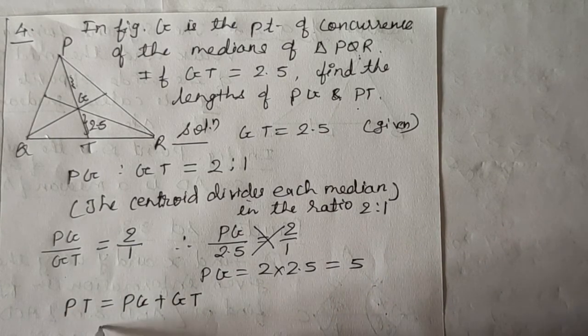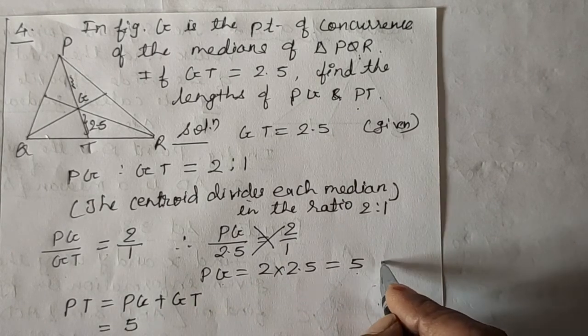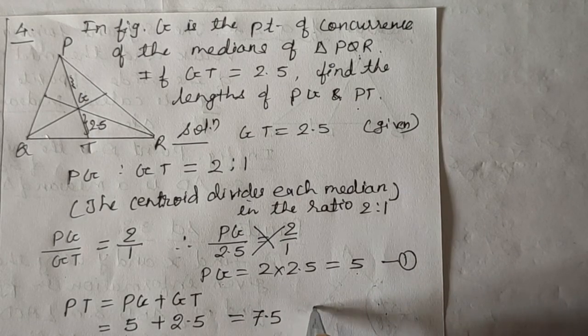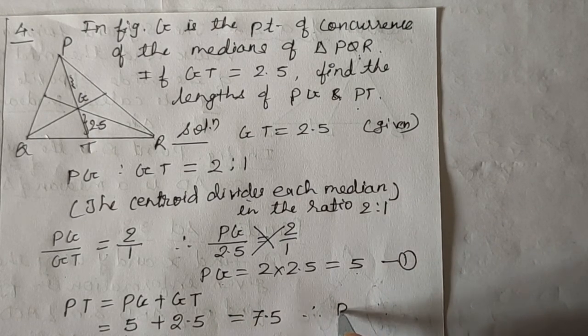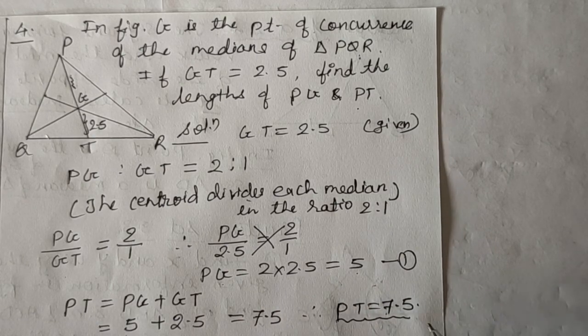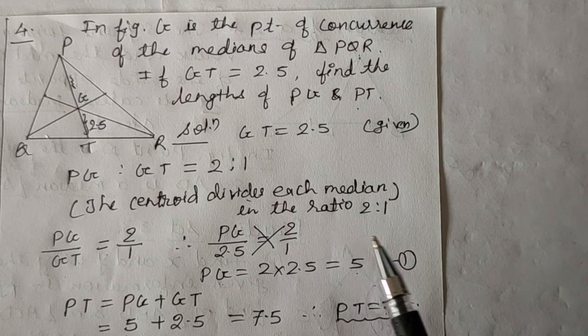Here PG we have got 5, plus GT, we have 2.5. So when you simplify 5 and 2.5, you will get 7.5. Therefore, PT is equal to 7.5. I hope you understood this example very well. The example is easy if you know the properties. Here we have used the centroid property.